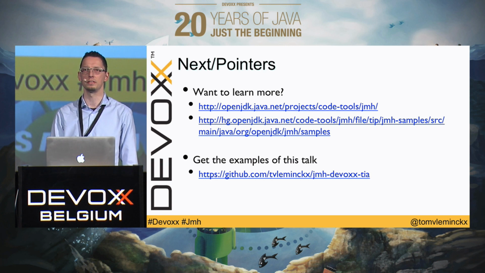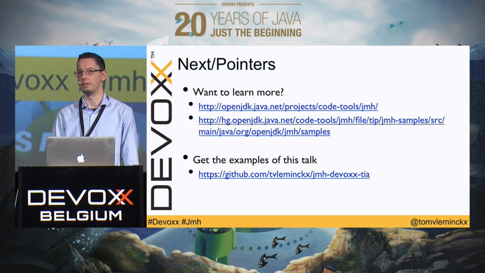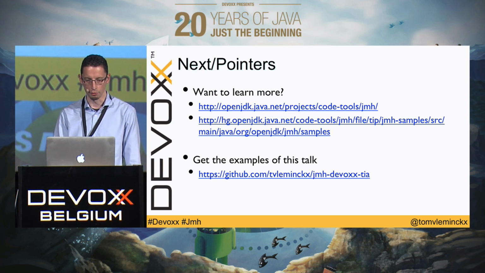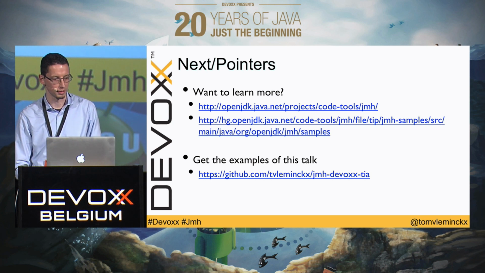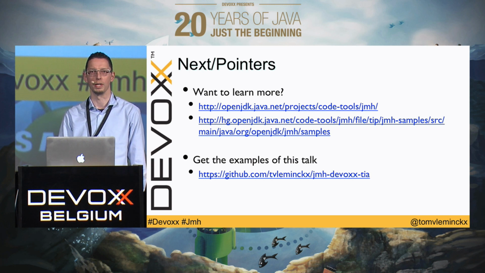They simulate stuff like inlining and false sharing, and if you want to be educated on these topics, I find their examples amazing. And of course, if you like my examples, which are far less impressive, you can go to my GitHub. I will tweet the addresses if you want also, so you don't have to all take pictures.